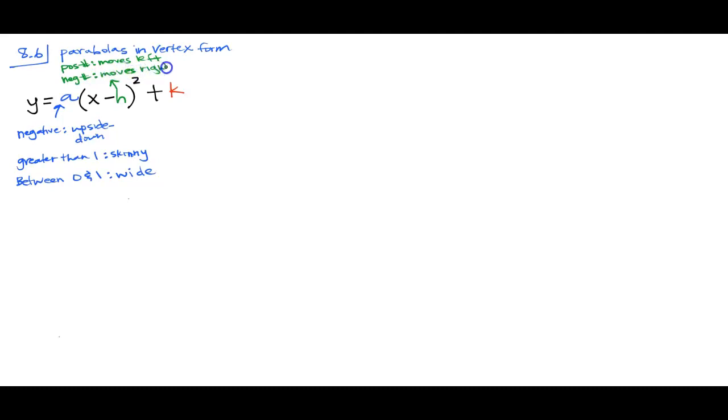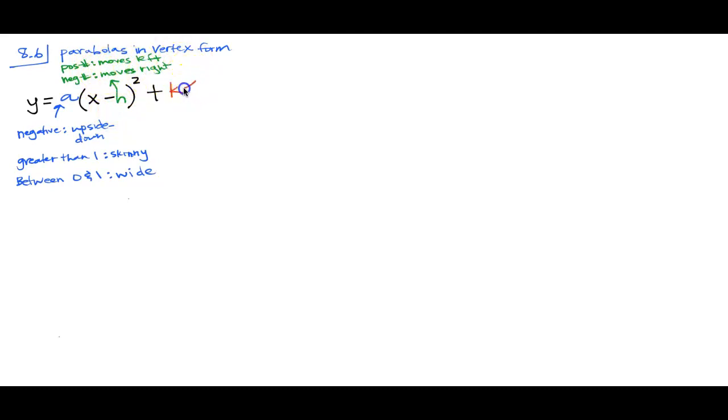And so sometimes people think, gosh, that seems kind of backwards, right? When we do some graphing, I'll show you what I mean. But it's because when these parentheses are around it, it's doing the opposite of what you're thinking, because you're trying to figure out what value of x would make that 0. And so that's why it ends up moving in these directions.